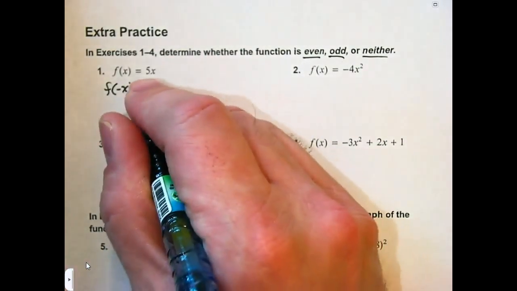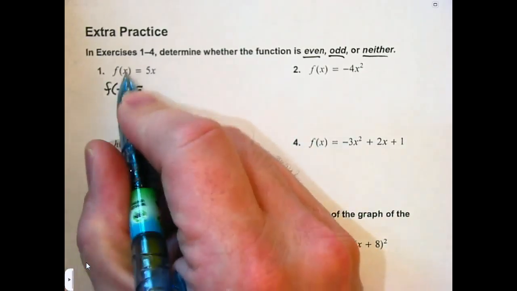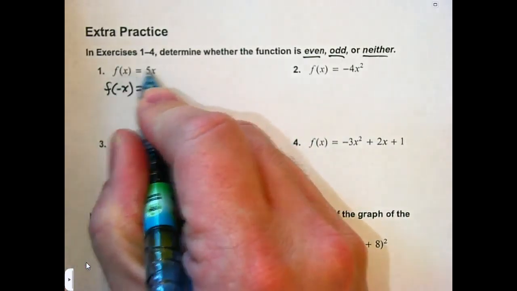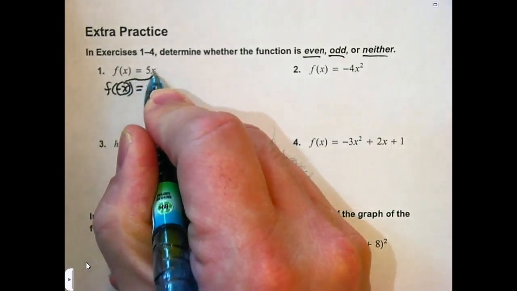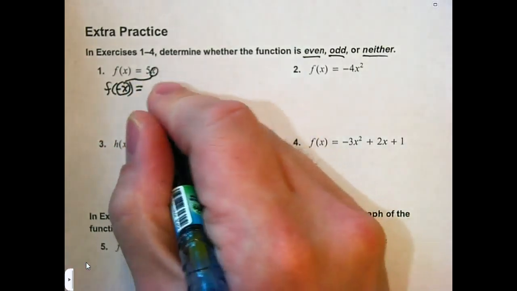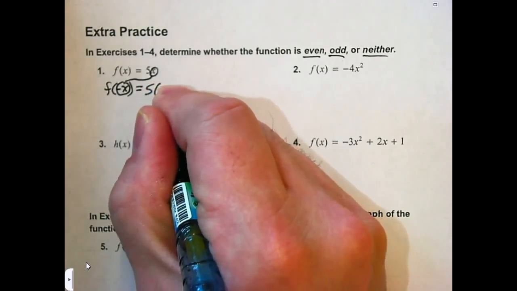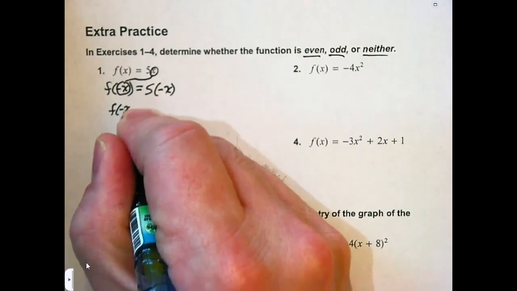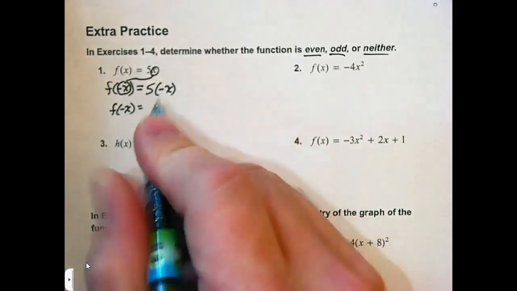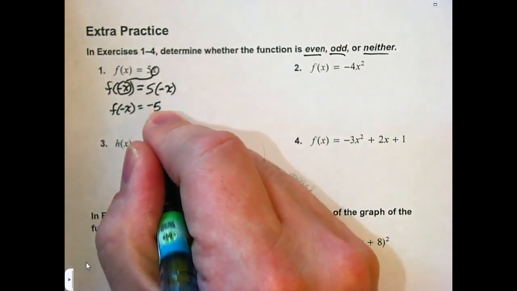What does that actually mean? It means that wherever you see an x in your equation, you put negative x. So you plug that in right there. When I do that, I get 5 times negative x, which means f of negative x is equal to negative 5x.